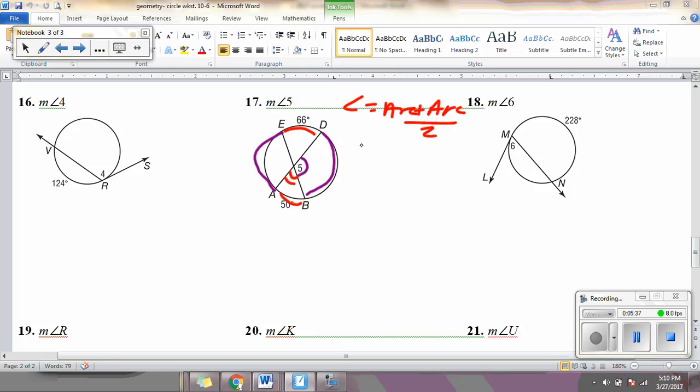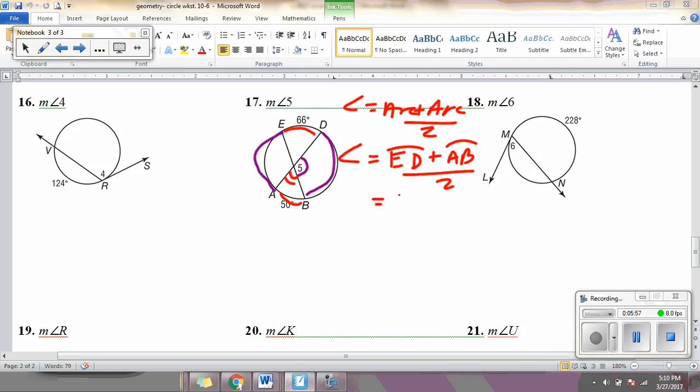We don't need to know the angle's name. So we'll just say angle is equal to arc ED plus arc AB divided by 2.